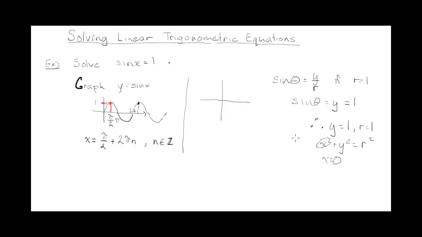So you have a point on the terminal arm, so x, y is going to be 0, 1. So 0, 1 is a point right here. So this is the terminal arm, remembering that the terminal arm is rotated from the positive x-axis, which means the angle is a right angle, or pi by 2. So again, you would get x equals pi by 2.